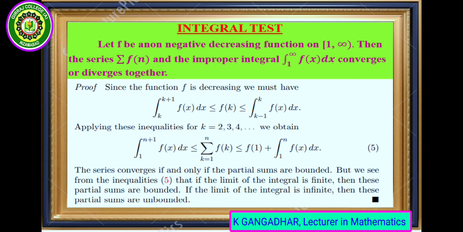If the limit of the integral is infinite, then these partial sums are unbounded. Therefore the series sigma f(n) and the improper integral from 1 to infinity of f(x) dx converge or diverge together.